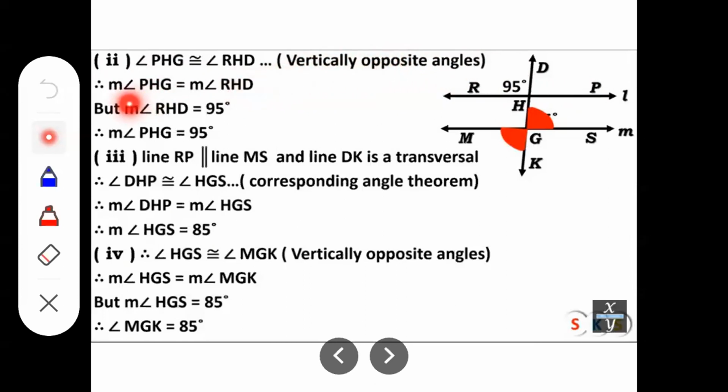Now, as those angles are congruent to each other, their measurements will be equal. So, measurement of angle PHG is equal to measurement of angle RHD.